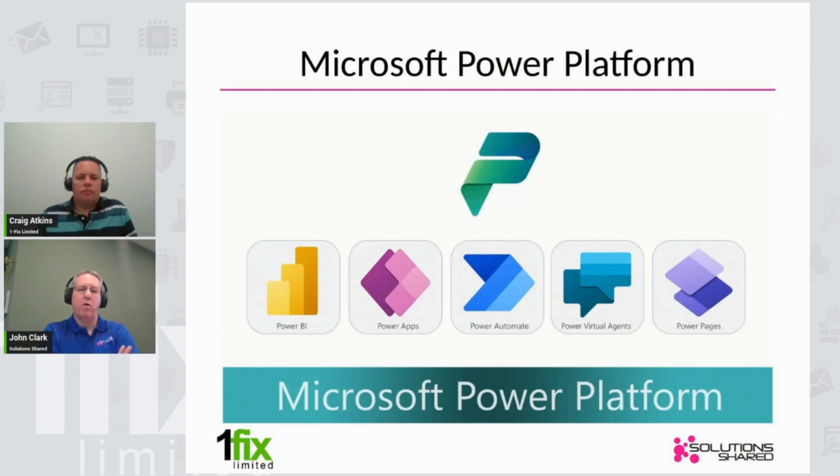Power Automate is about automating within your apps or between your systems and other systems. Power Virtual Agents, which has actually just changed name to Copilot Studio, and Power Pages, which is about making a website. You wouldn't use it as a marketing website. It's like a functional, customer partner portal. So today I'm going to focus on the Power Apps part, but all of these parts work together.